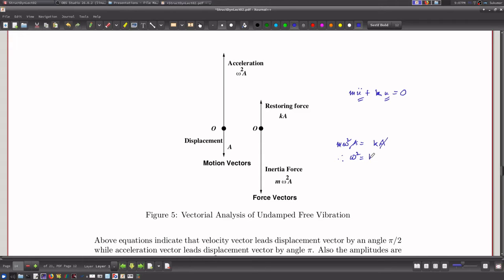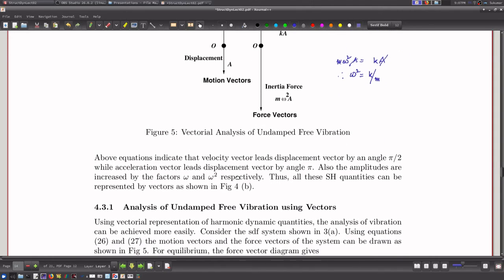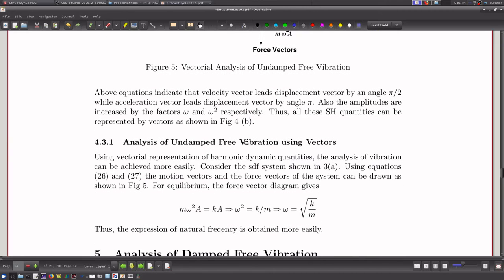So I get the same expression much more easily for the natural frequency by representing the forces in terms of rotating vectors, okay? So that's how we can use the rotating vectors to analyze the dynamic motion of a single degree of freedom system. All right.